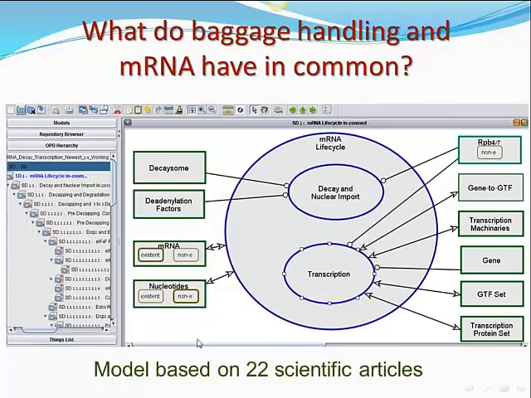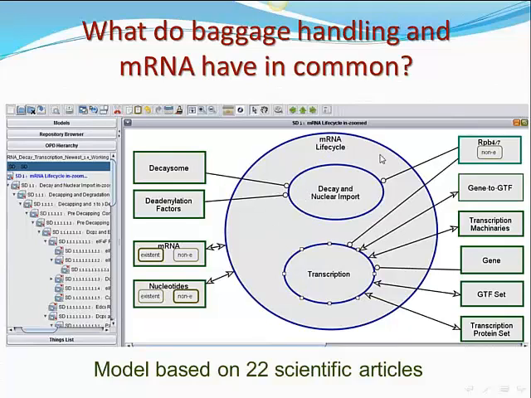This is just an excerpt or a screenshot of a model that is based on 22 scientific articles that were read very meticulously, and each fact was incorporated into the model.